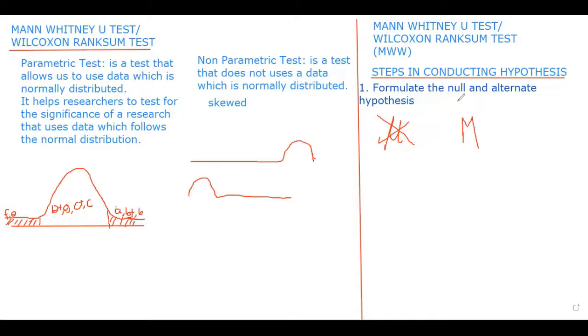Just take note that the non-parametric tests, and I hope by now you get to know the tests under the non-parametric, do not use mu. Rather, they use what? Median. Okay, so just take notes.